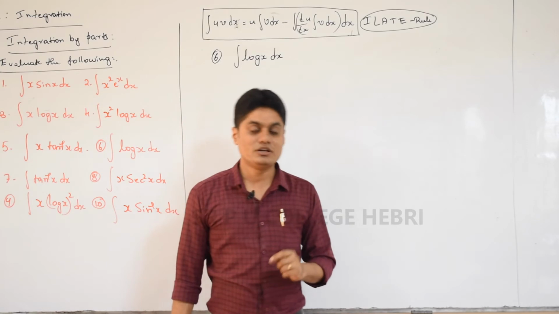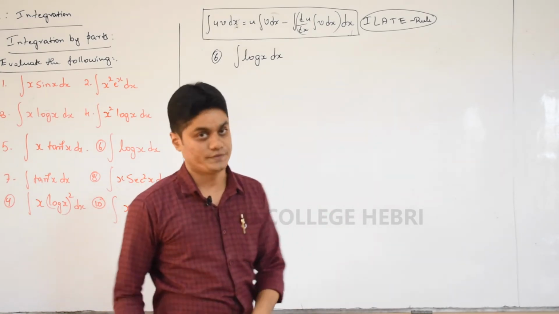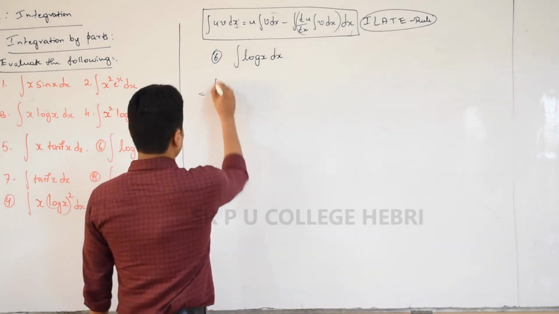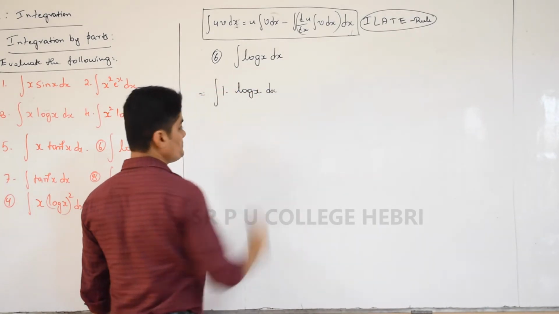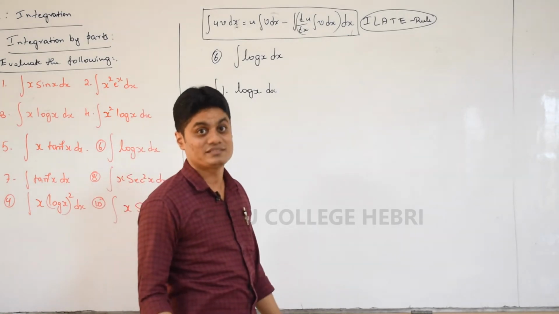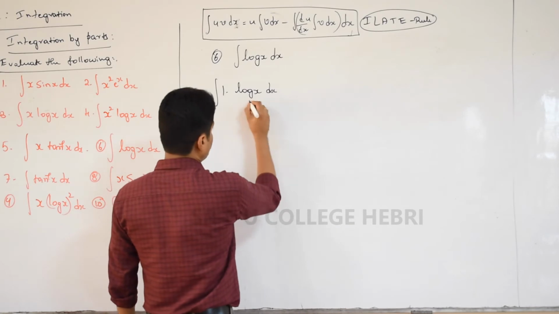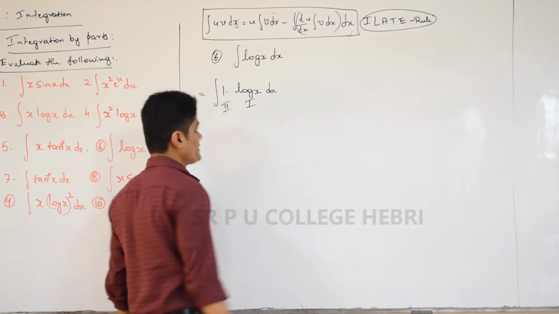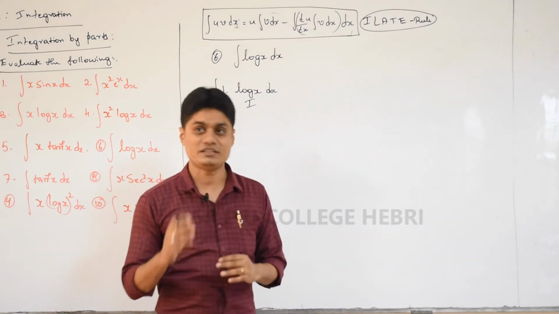Okay, so now you are going to integrate log x. But where is the product of two functions? See, I'll show you how to answer this. You write this as 1 into log x, correct? Now 1 comes under the head of algebraic function. Why? 1 is a constant function. Logarithm is a logarithmic function. So as usual, if a logarithmic function comes along with an algebraic function, log will always be the first function.